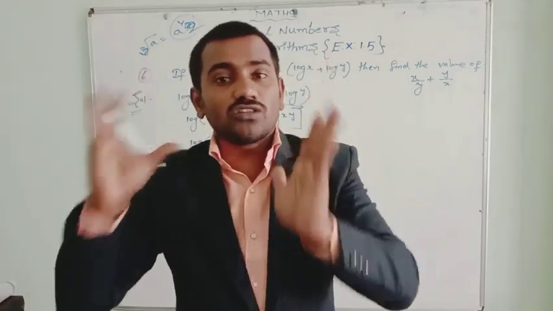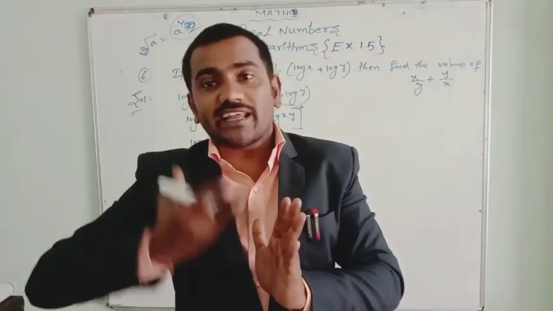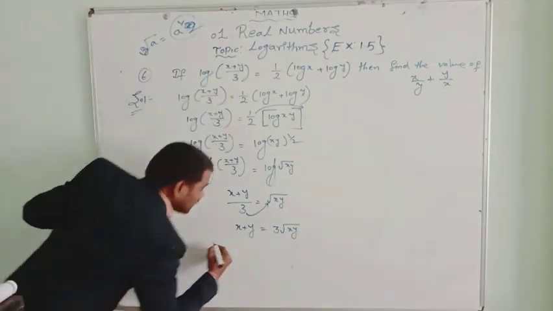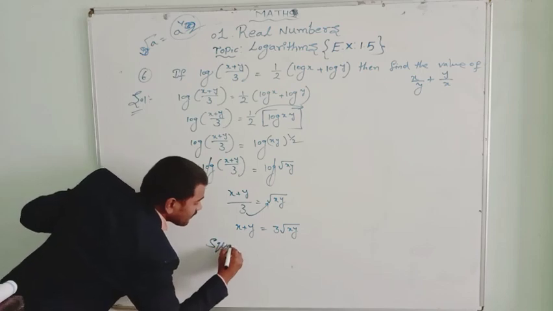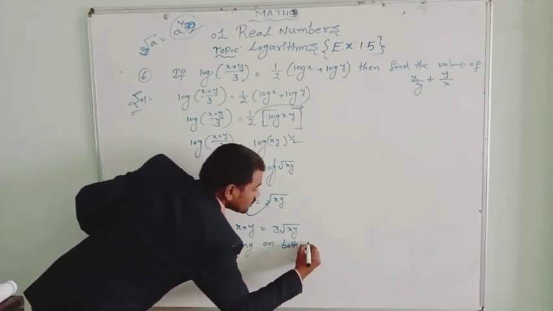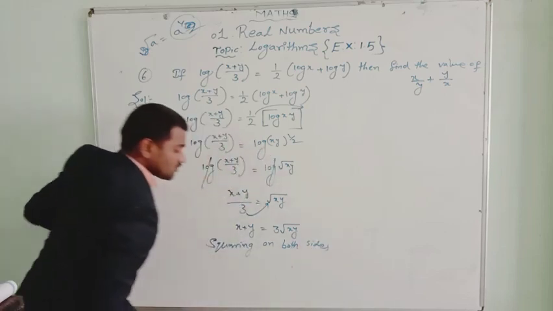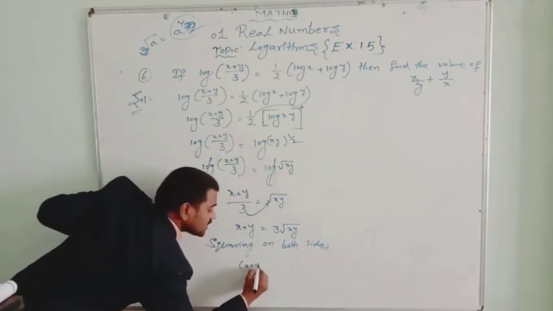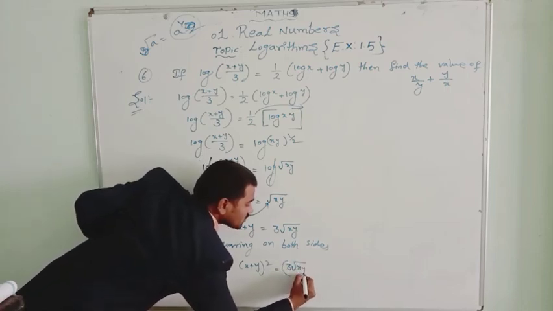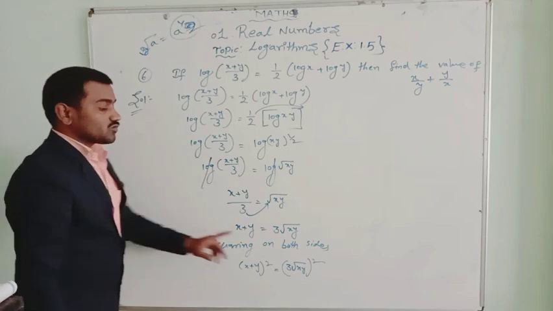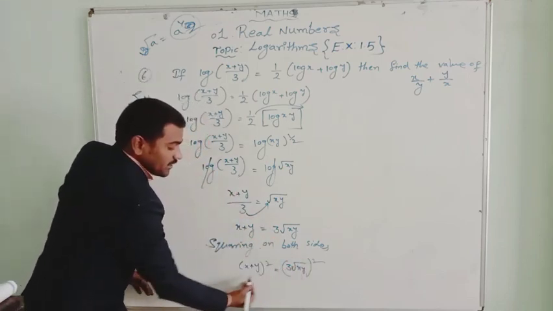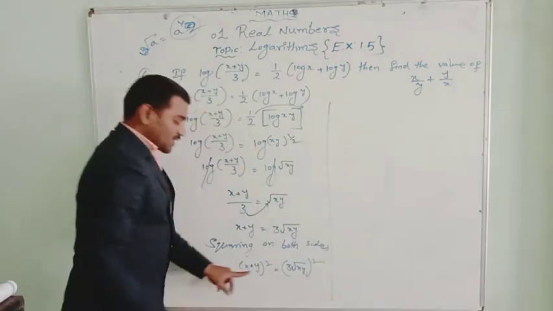By squaring on both sides, since square and square root cancel. So squaring on both sides, we get (x plus y) whole square equals (3 times the square root of xy) whole square. We have to square all the values on both sides. Here, x plus y whole square.